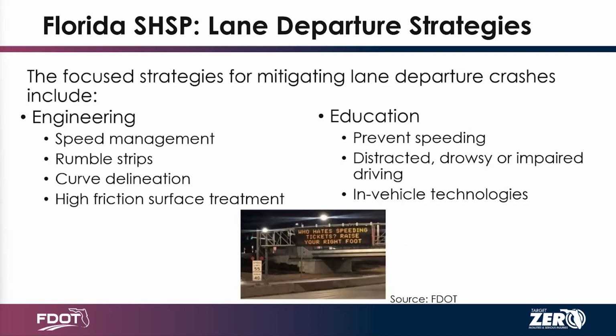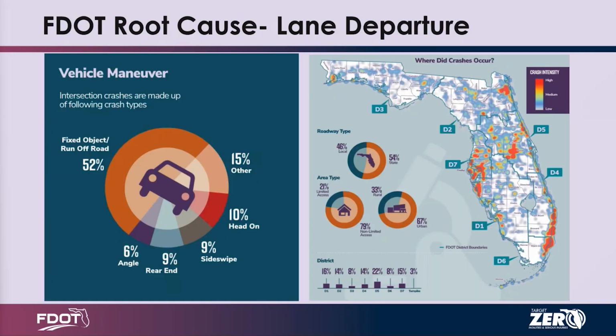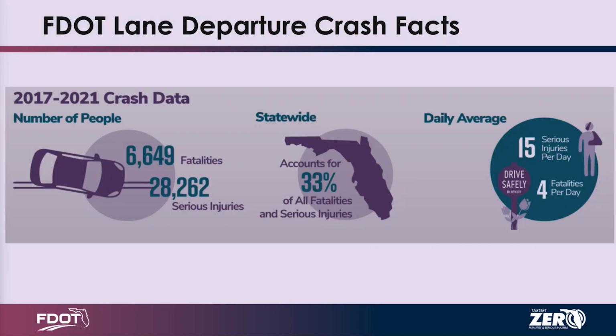So if we're talking about these statistics, what you're seeing here on the right in the graphs is all lane departure crashes on Florida roadways between 2017 and 2021 crash data. And that is the 33% of all fatal and serious injury crashes.